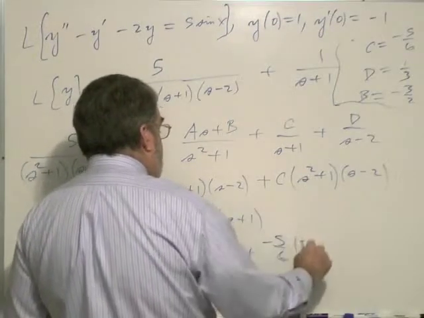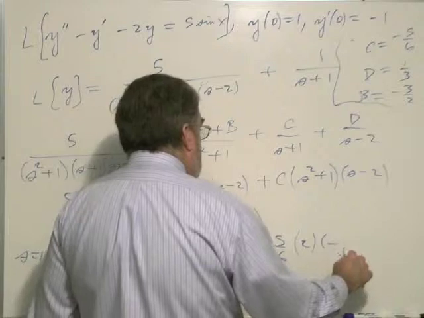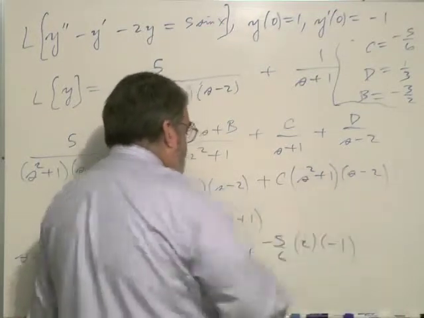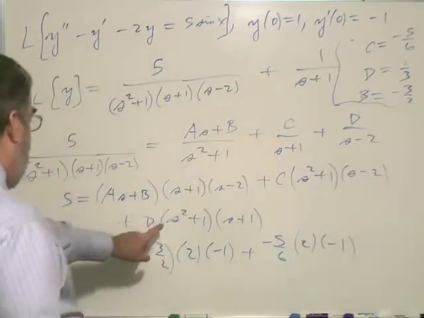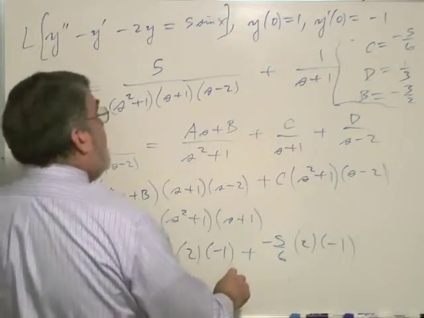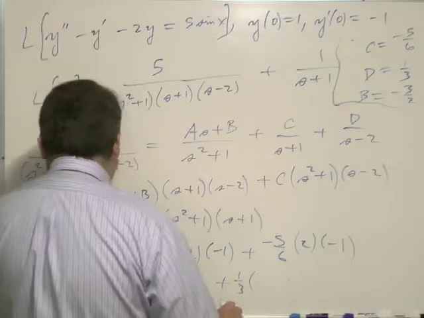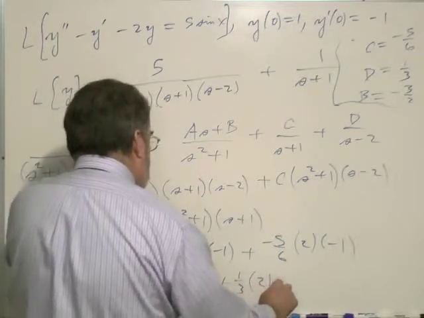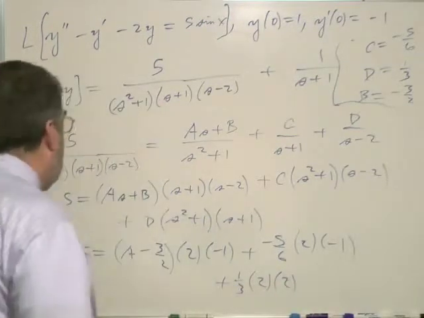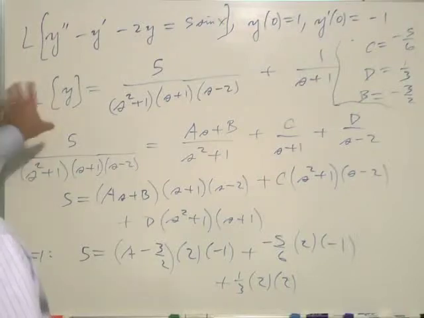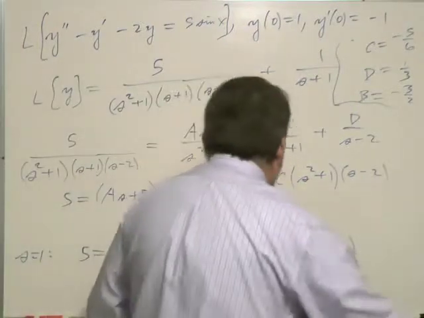When I plug 1 in, I get 2 times -1, right? And then when I plug in 1 here, I get D, which is 1/3, plus 1/3 times 2 times 2.